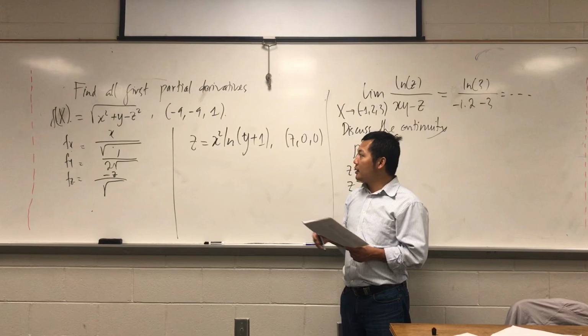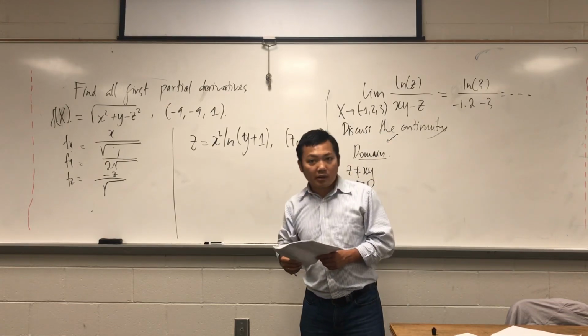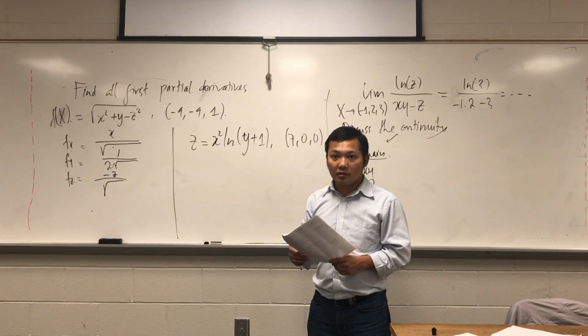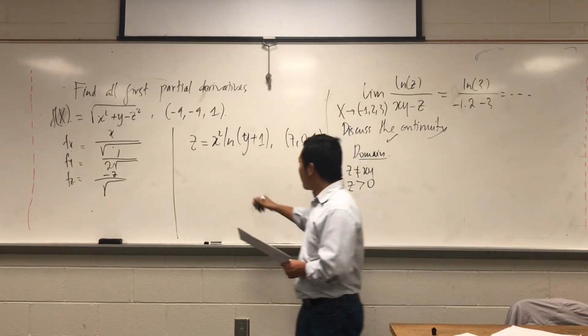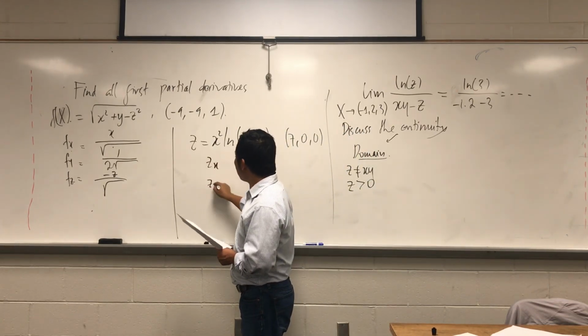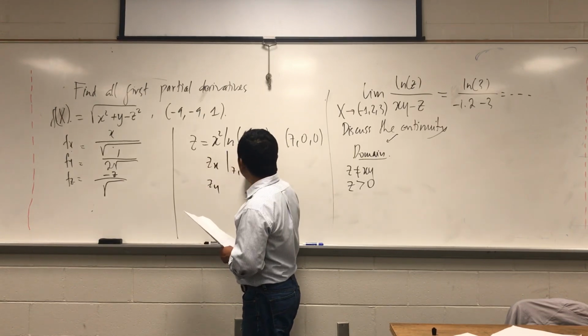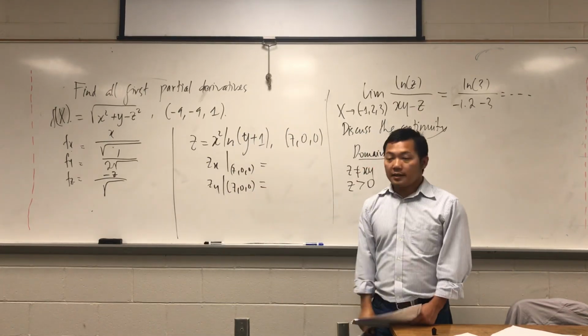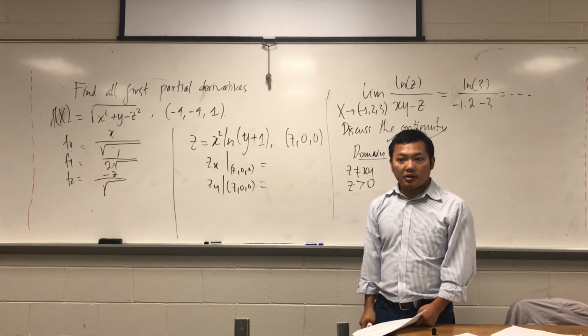We know that slopes in x and y directions are just partial derivatives, right? So you just find zx, zy, and then you plug the point into each and you get your answer. Make sense? Again, differentiation rule.